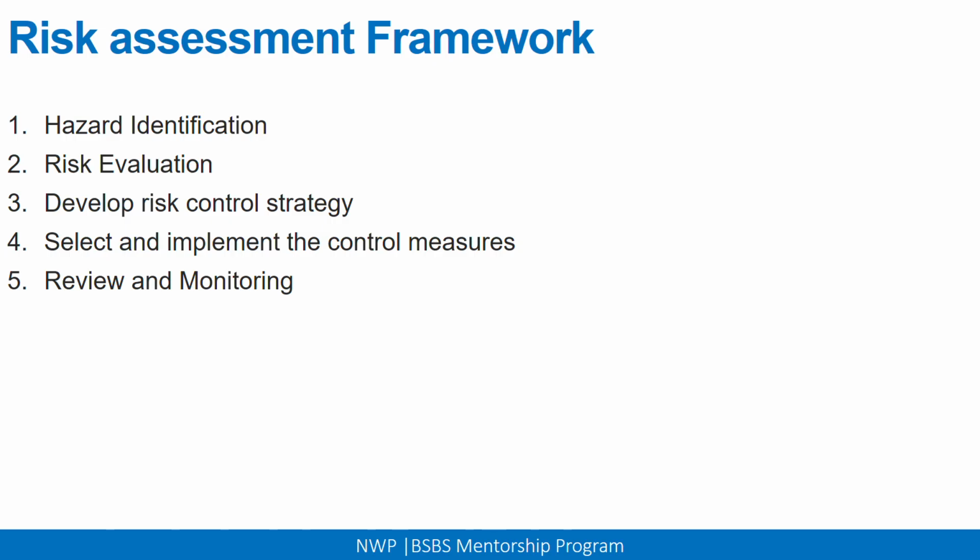So this is where step 4 comes in. You may have a lot of proposed risk control strategies under your plan, but under step 4, you need to select which ones you think will eliminate or reduce the risk that was identified during your risk evaluation.